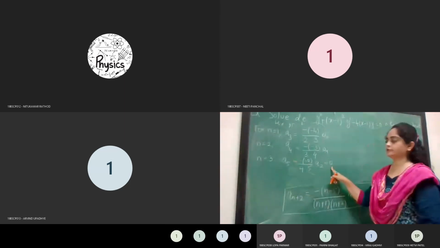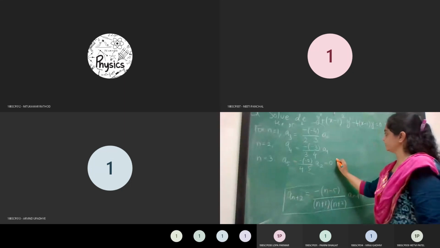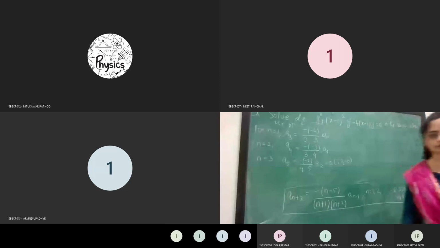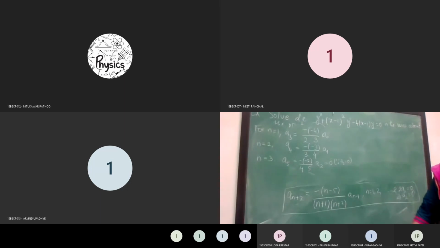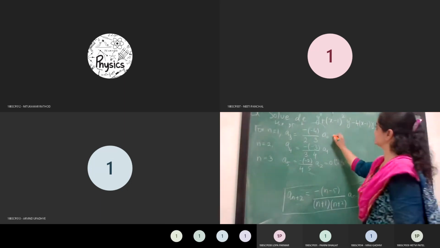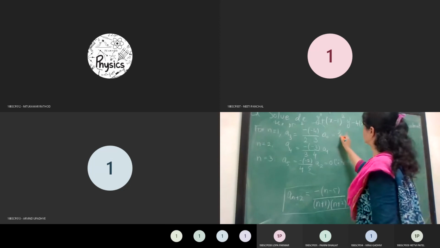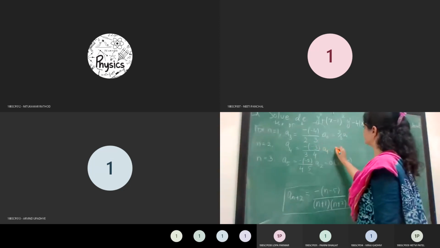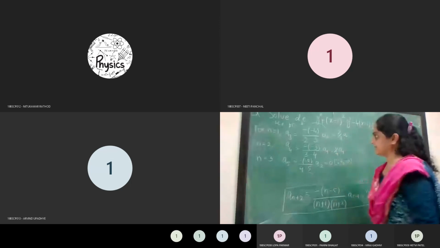Therefore, a5 will also be 0. Is it clear? You can write the reason: since a2 is equal to 0. Let us simplify this. What will it be? 2 gets cancelled, so 2 by 3, a0. In this one 3 gets cancelled, minus 1, so 1 upon 4, a1.